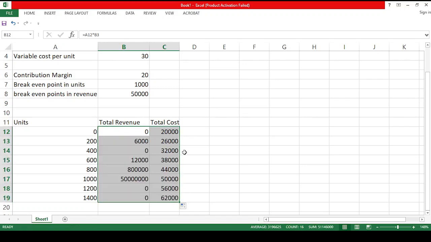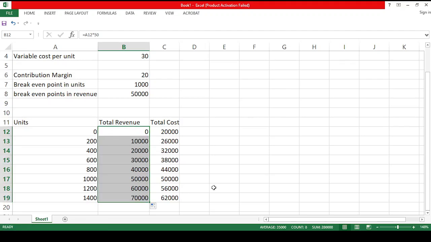Let me just put 50 here. That's units times the selling price per unit, which is 50. So let's put it down.